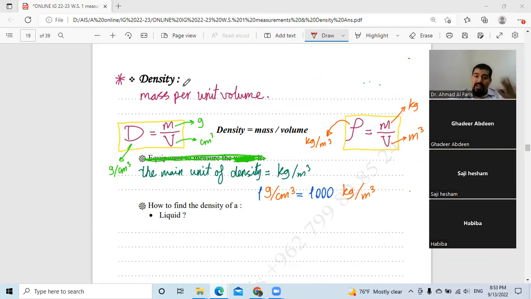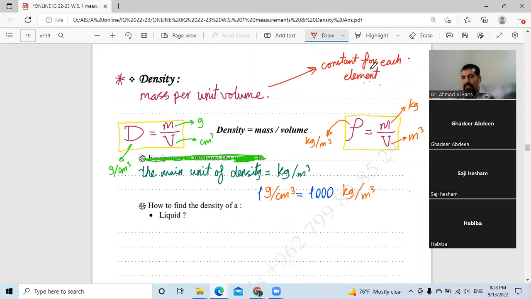That means this value, the density, is constant for each element. Not object, element. For water, here in Jordan, for example, or in Egypt, or in Emirates, or Saudi Arabia, or Oman, it has the same density.